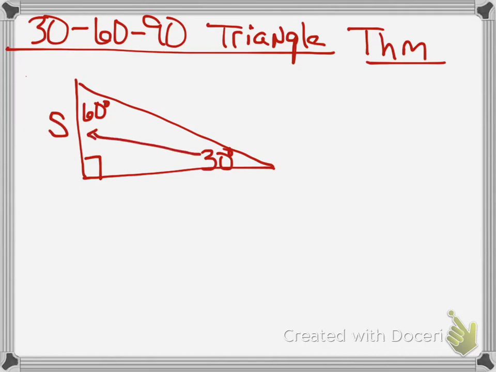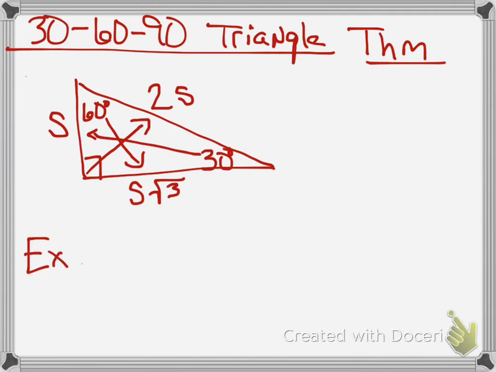The one opposite the 60 degrees would be S times the square root of 3. And the hypotenuse would be double whatever the short leg is. So the short leg is S, the hypotenuse is 2S, and the long leg, the one opposite the 60 degrees, is S square root of 3.